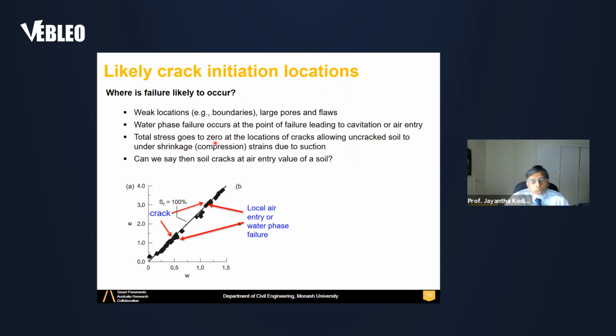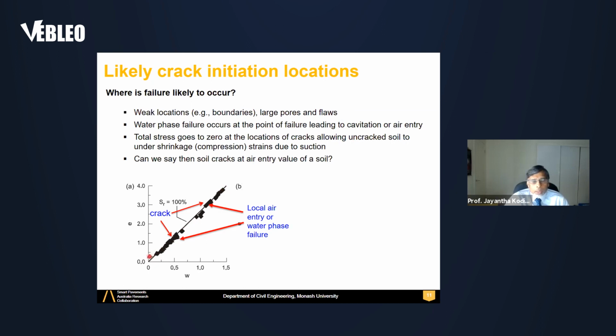Total stress goes to zero at the locations of cracks, allowing uncracked soil to shrink and compress, with strains due to suction. Can we say then that soil cracks at the air entry value of a soil? If a soil is drying, like seen here in this graph of void ratio against water content, the saturation line is shown here, a straight line. Initially it is slurried soil, so it dries along that line during shrinking and then undergoes residual shrinkage.